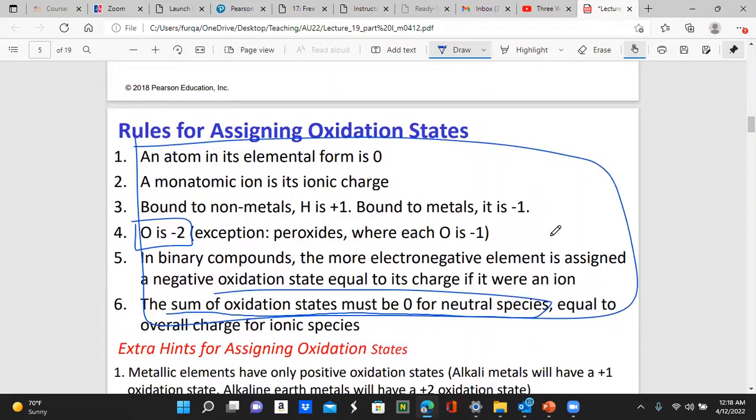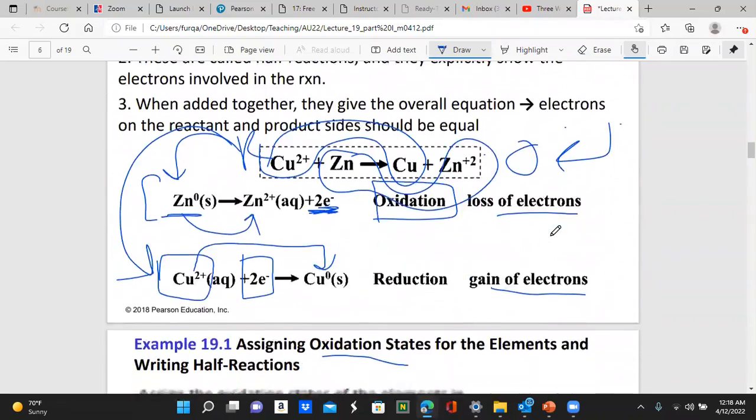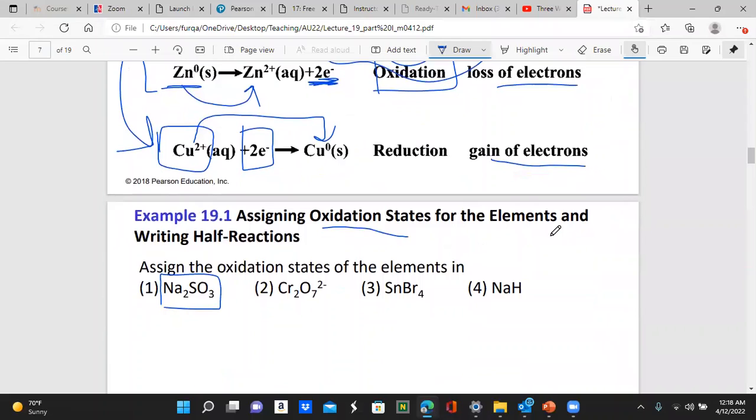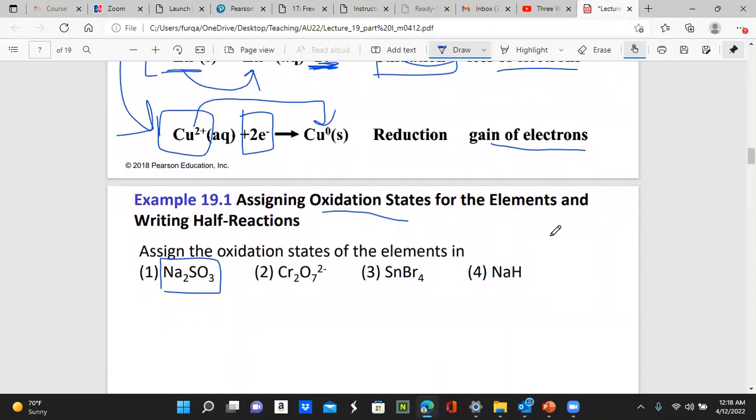A monoatomic ion's oxidation state is its ionic charge. We know that sodium goes for 1+ in this compound, so it's going to be +1 oxidation state. But we're going to start from oxygen.